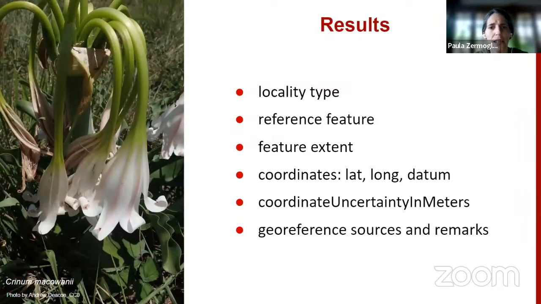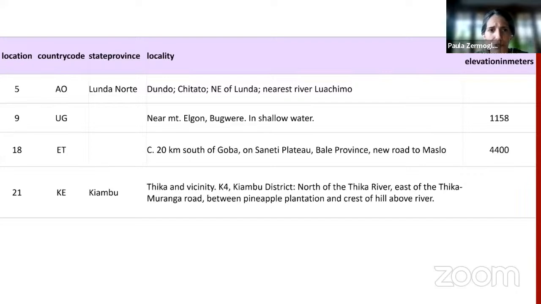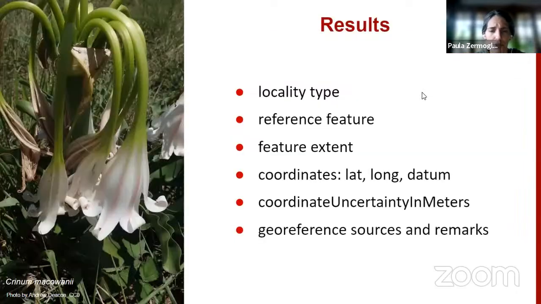So I'm going to go back here and ask you to write this down, but to give a general idea of what we expect from each group. We will want you to tell us which locality type the location is, which is the reference feature that you would use to do the georeference, if there is any.